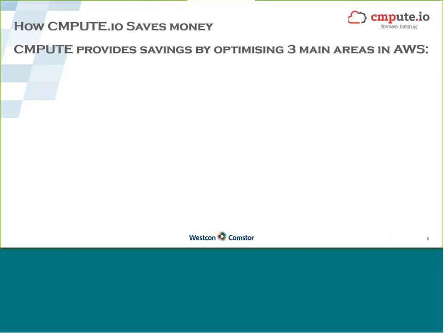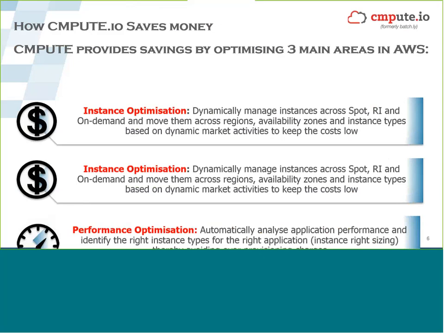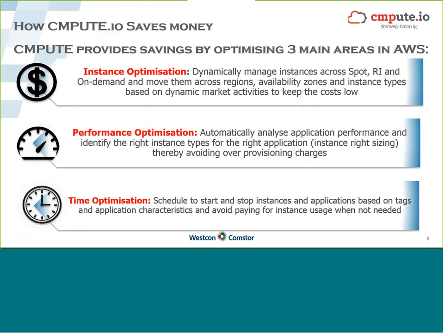Now, Cmpute also provides savings by these 3 main areas in AWS. Instance optimization, and it's a simple process really of dynamically managing those instances across the on-demand, spot and reserved instances areas. Performance optimization, right-sizing instances.